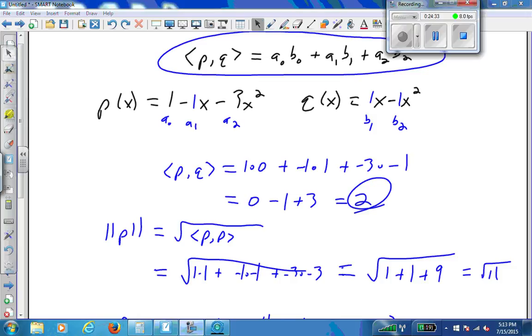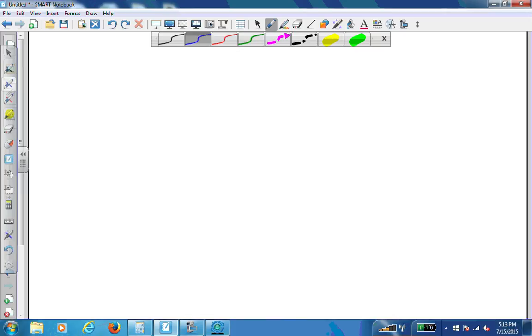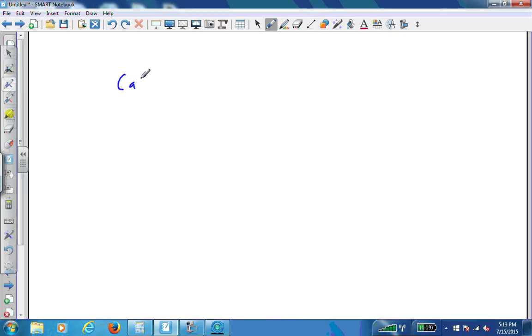Now, real quickly, let me just give you some definitions. Things that are always true for inner product space. One of them is called the Cauchy-Schwarz inequality.